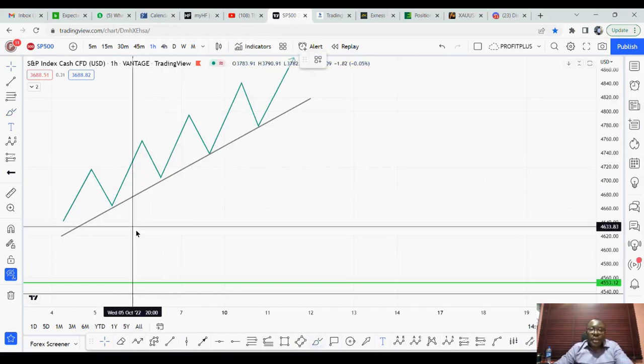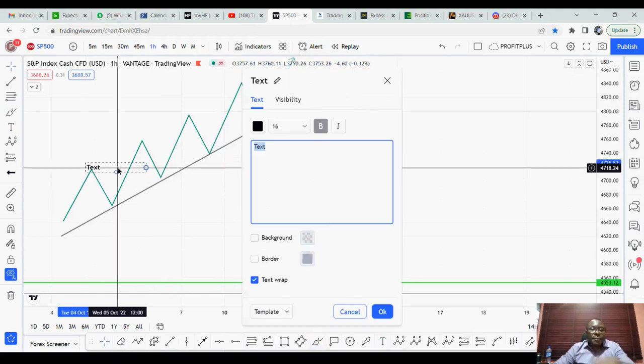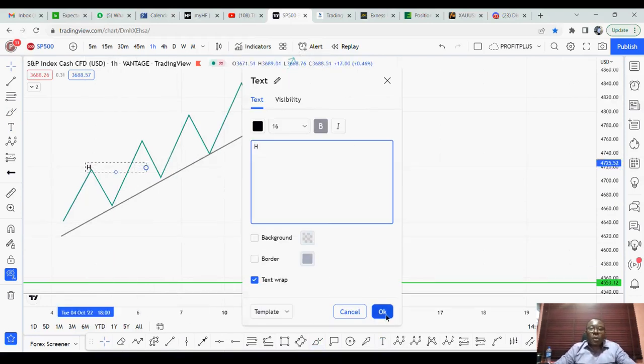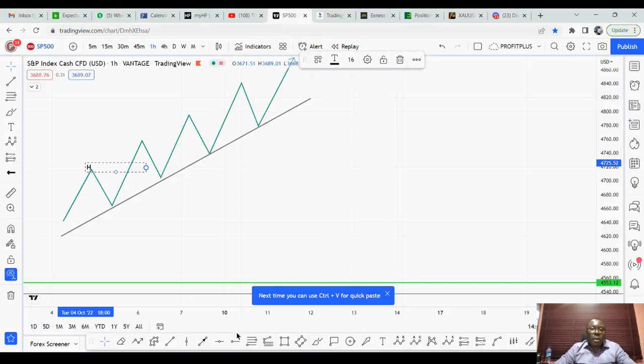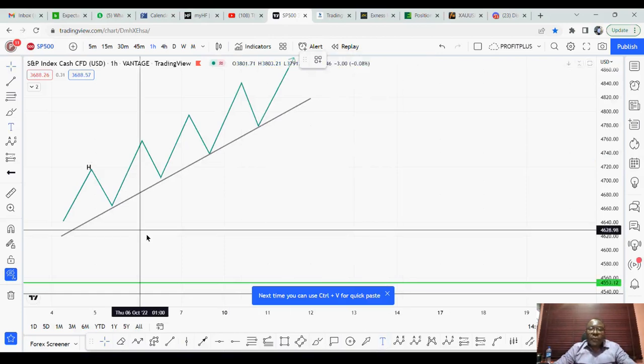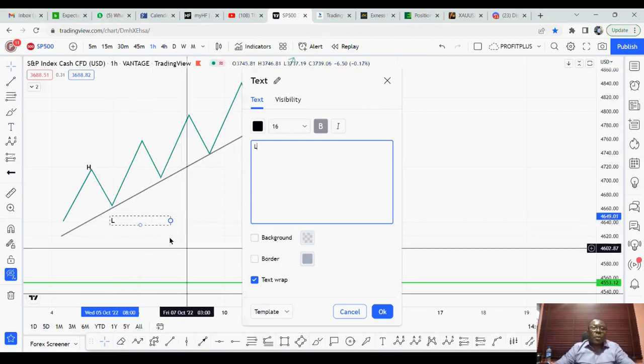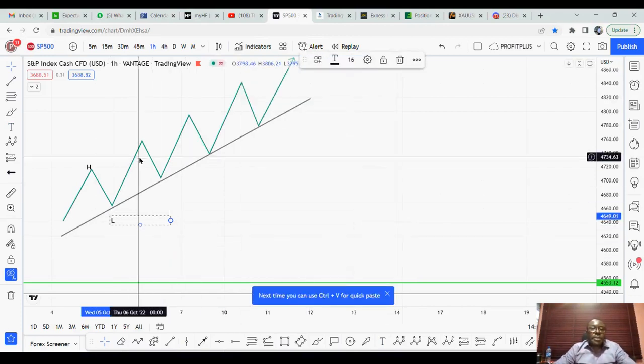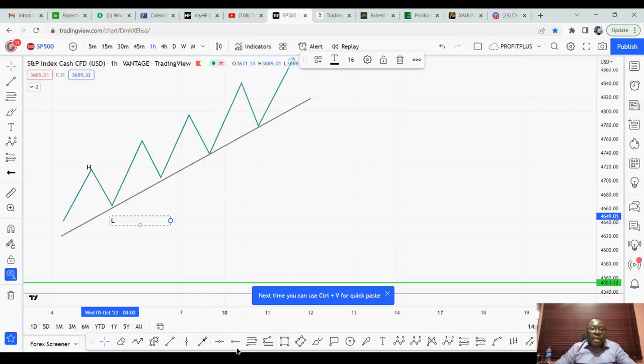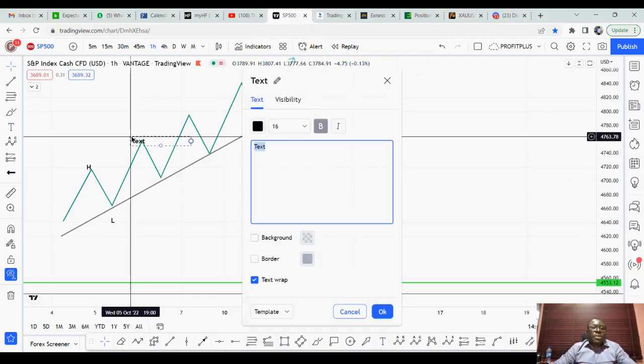This is the high. Then we have the low, and then we also have another high. This time it is called a higher high.